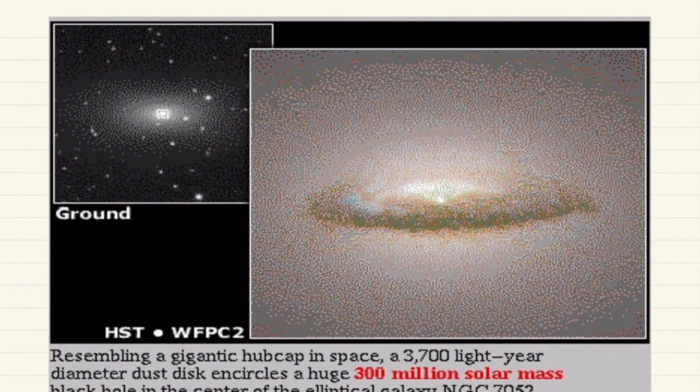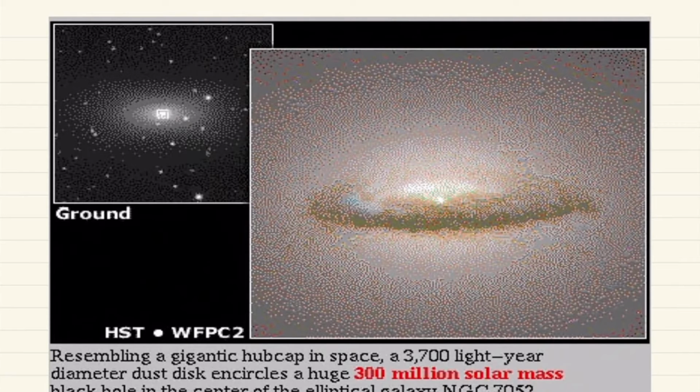But before that I will just show you a very interesting picture, taken by Hubble's Space Telescope. Here you can see the ground picture, where something very prominent occurs, and when you zoom in and take a proper picture, you will see that this is nothing but a dust accretion disk, which has a diameter of, can you imagine, 3700 light years.